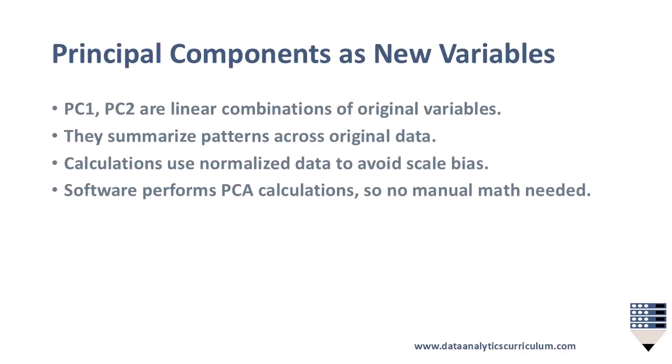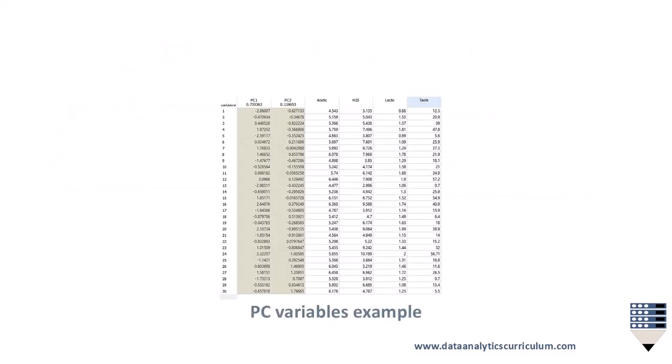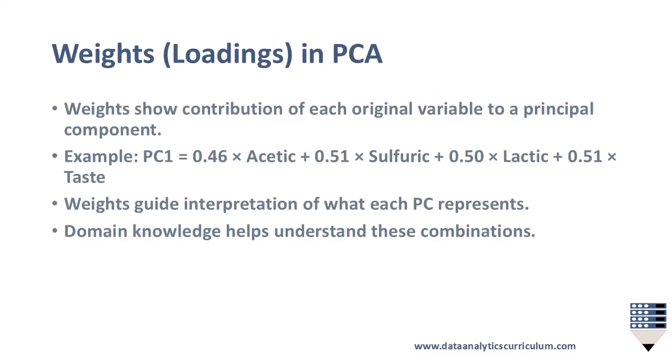Principal components as new variables. Each principal component, often labeled PC1, PC2, and so on, is a linear combination of the original variables. That means each variable contributes to each component with a certain weight, sometimes called a loading.